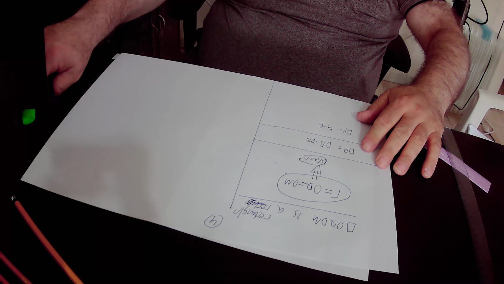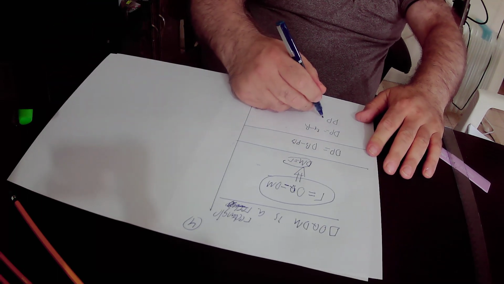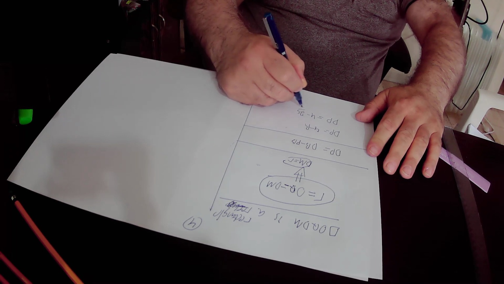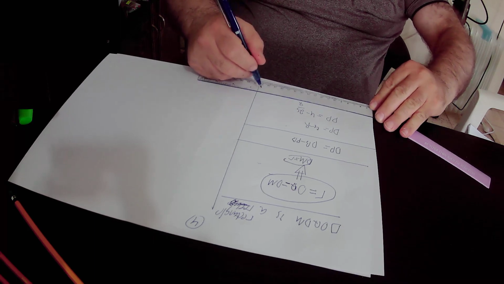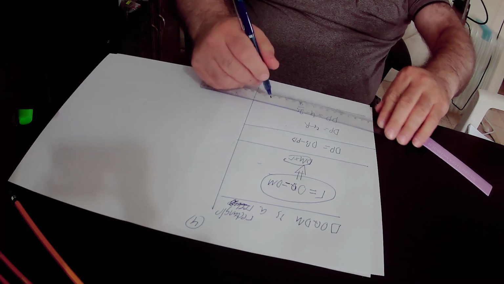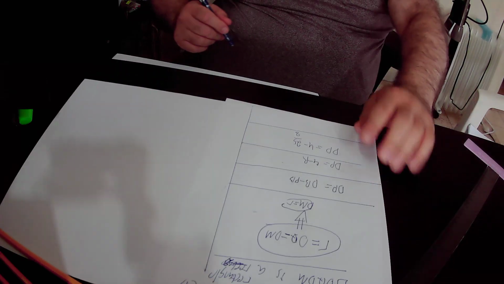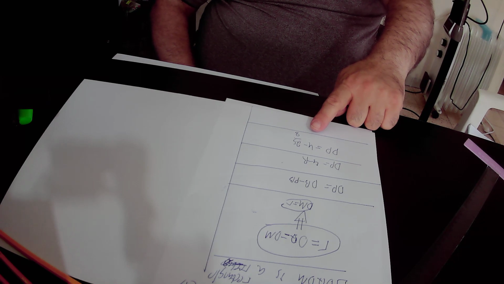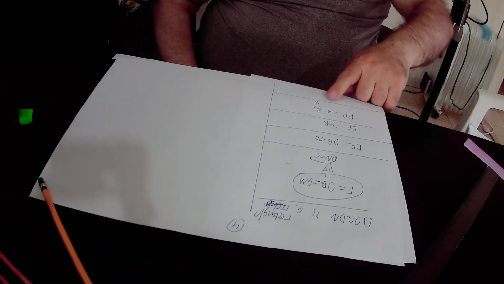DP equals 4 minus capital R, that is 25 over 8. So here we will multiply 4 by 8 and then divide it by 8 in order to have a common denominator with minus 25 over 8.